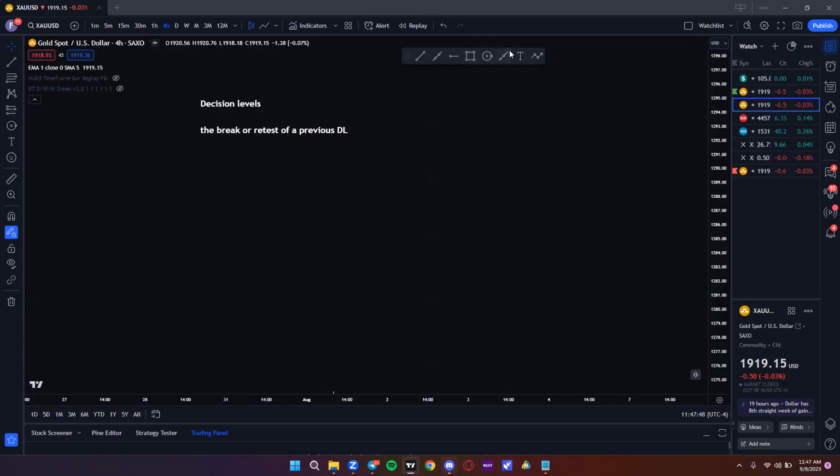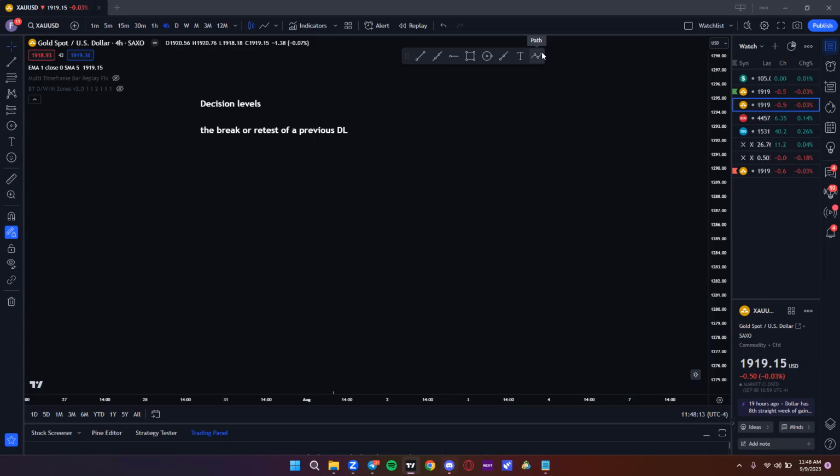So now we're going to go over something called OHLC, open, high, low, and close. And this is more going to be in line with how a candle is being formed. The way a candle is being formed actually gives us some important information.